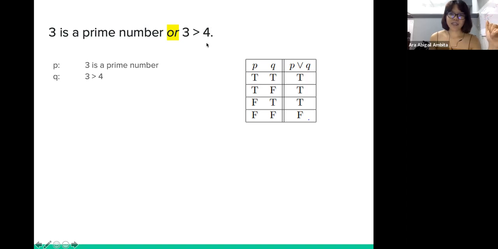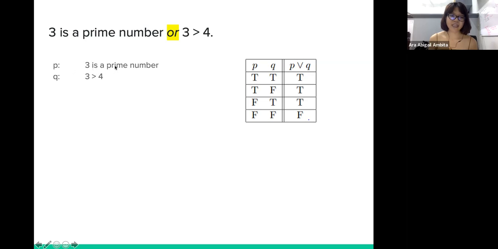So we will express it again in symbolic form as P or Q. Let P be 3 is a prime number and Q be 3 is greater than 4. Since we are using the logical connective OR, we are getting the disjunction. So now let us determine the truth values of each of these statements.